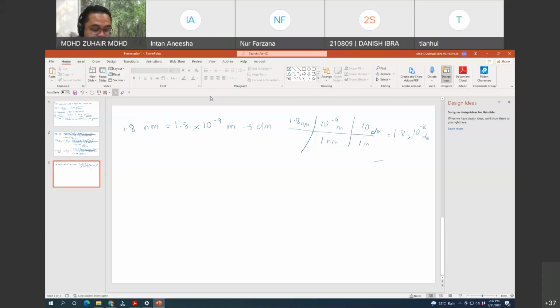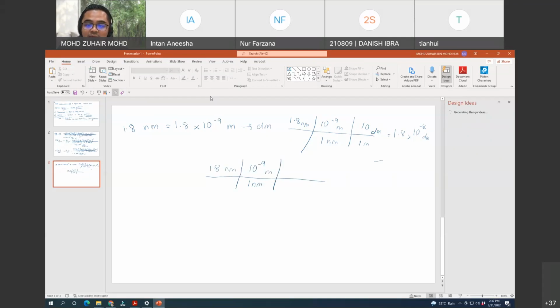And then the second one is to convert to inch. Okay, so this is a bit tricky in which we need to convert from SI unit to English unit. So what we need to do is just draw the line. 1.8 nanometer. Okay, so 1 nanometer is equal to 10 to the power of -9 meter.